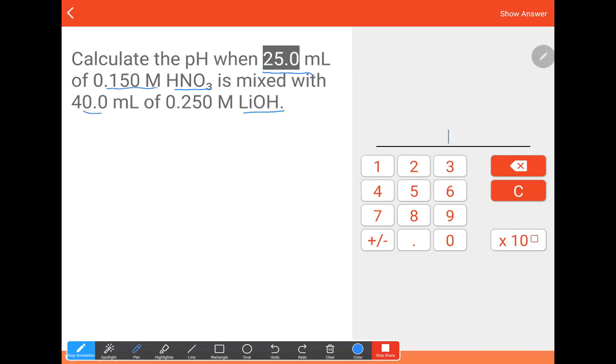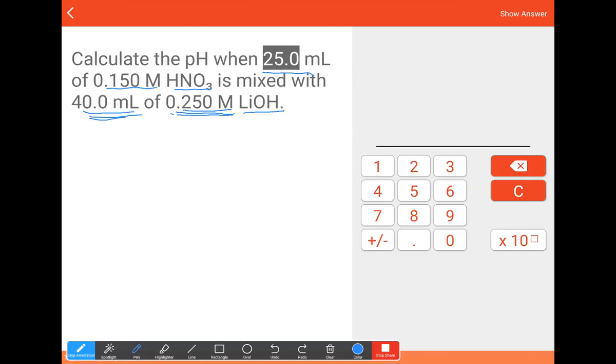And I have 40 milliliters of 0.25 molar lithium hydroxide. So I have higher concentration and higher volume of lithium hydroxide. So my first guess is I'm going to have excess OH minus. I'll use that excess, solve for pOH, and then convert to pH.